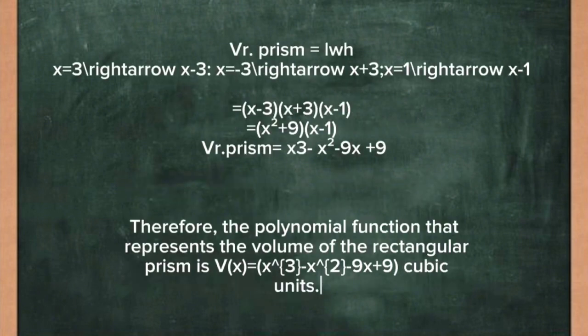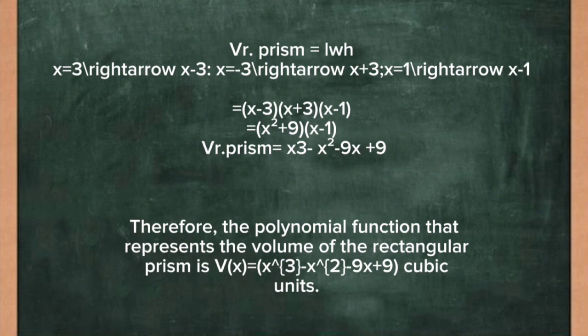Here's the solution. V of the rectangular prism equals L times W times H. So we have x equals 3, so x minus 3; x equals -3, so x plus 3; and x equals 1, so x minus 1. So we have x minus 3, x plus 3, and x minus 1. So we need to combine and multiply the given.